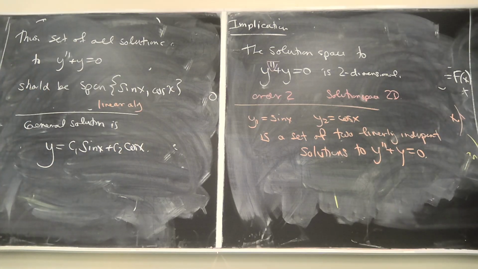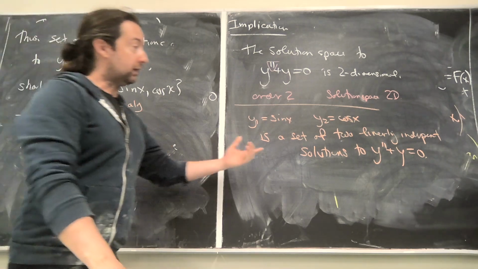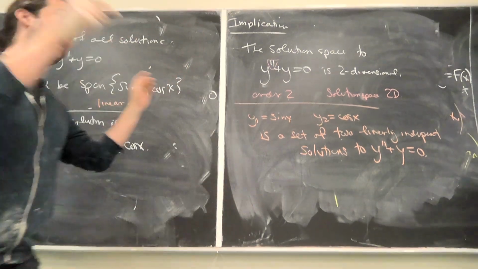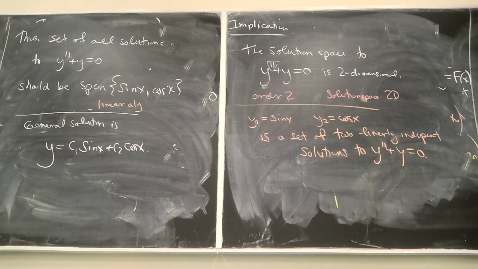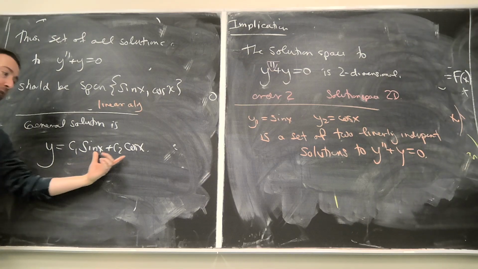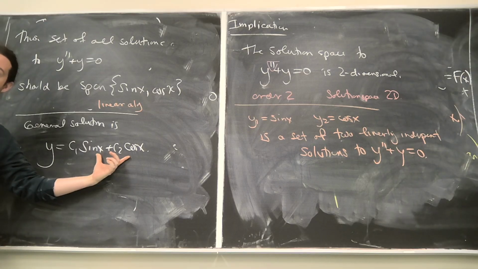I want to reiterate here. What I'm saying is, for a second order equation, when you find two linearly independent solutions, every other solution must be a combination of those solutions. It has to be. So the game of all of these linear differential equations is going to be, I give you an equation, discover enough linearly independent solutions to describe all the possible solutions.